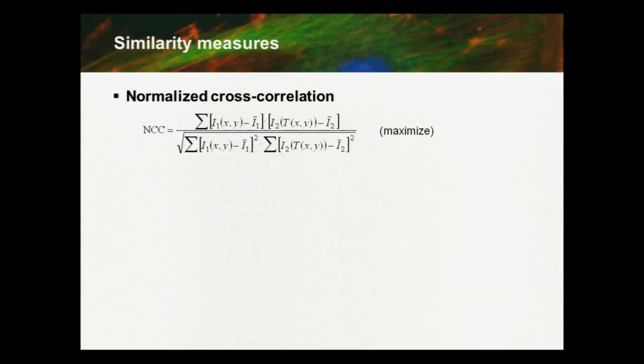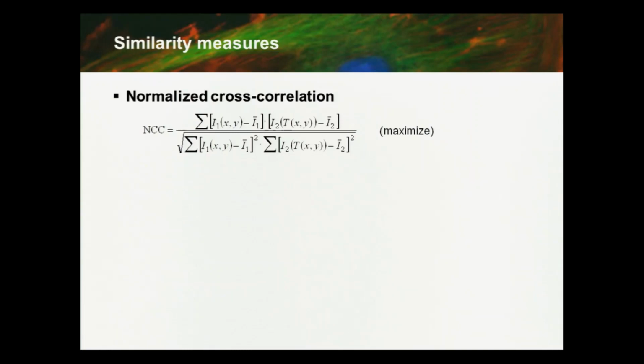It also works, of course, in 3D or any dimension. You multiply directly the intensities of image 1 with those of image 2 after a transformation t. And the mean intensity values are subtracted, so that if I would add a constant to the intensities in one image, it has no effect.